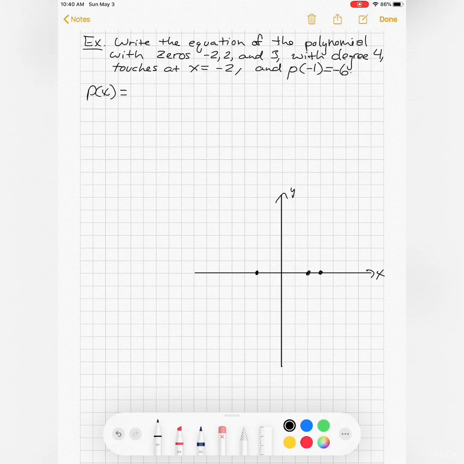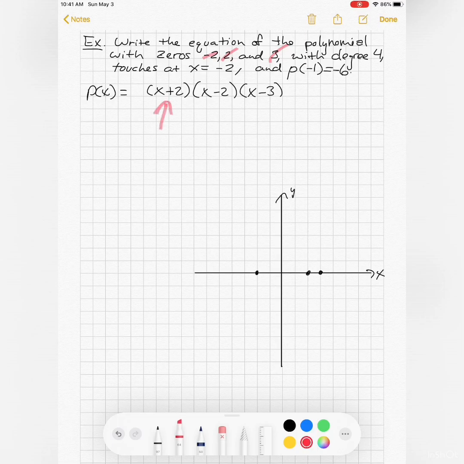So we're given the zeros. If x equals -2 is a 0, wouldn't it have to be true that x plus 2 is a factor? If x equals 2 is a 0, wouldn't x minus 2 have to be a factor? If 3 is a 0, wouldn't x minus 3 have to be a factor?